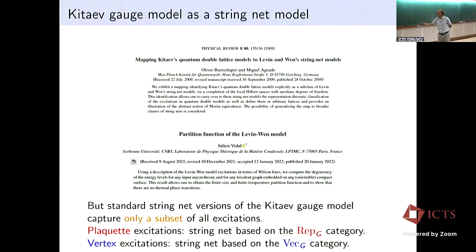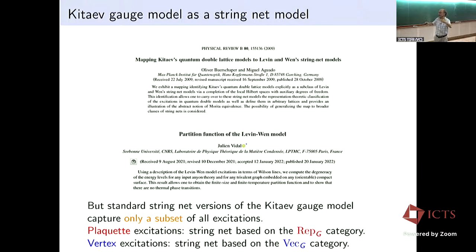Now, the problem is that if you want to study the Kitaev quantum double model and do it with the string-net, you can get only one subset of the excitations. For example, if you want to capture the plaquette excitations, you will want to enforce the vertex constraints exactly. So you're going to enforce gauge invariance, or in other words, you want to impose that you have no charges.